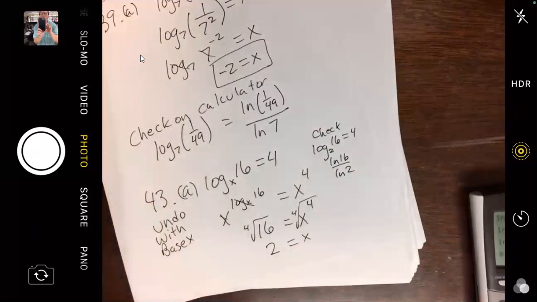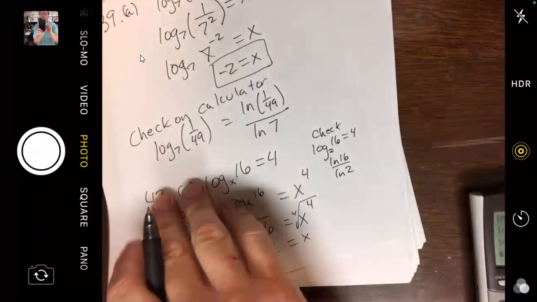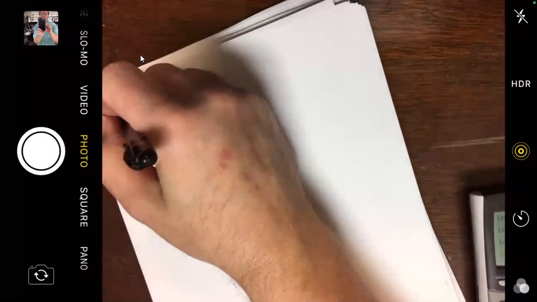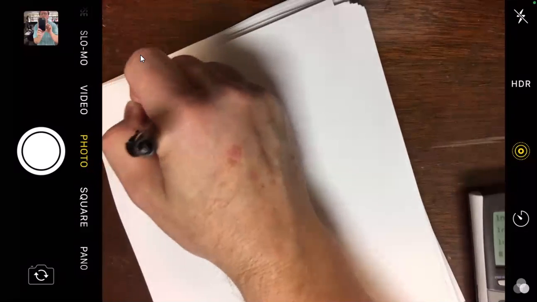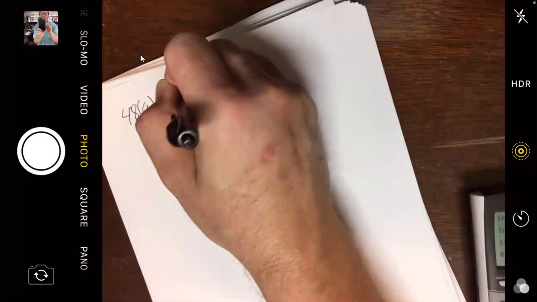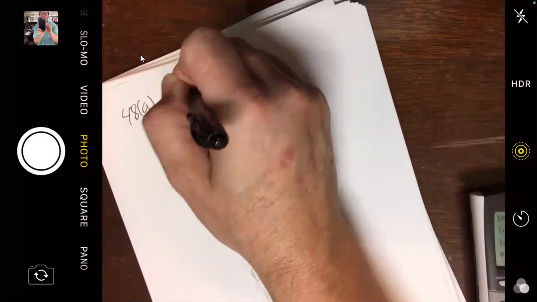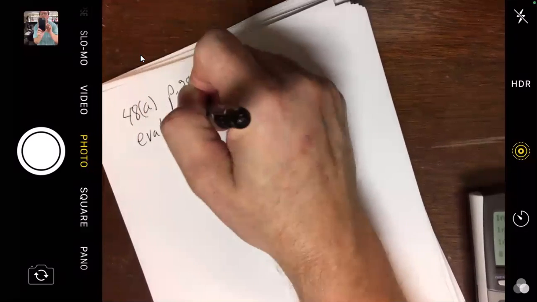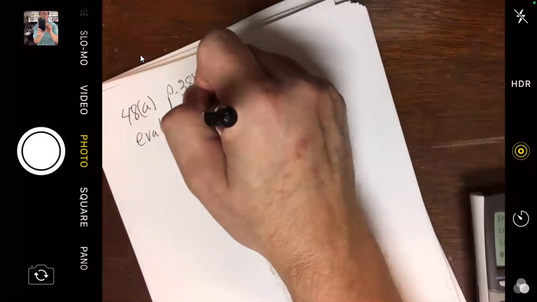45 through 47 should be pretty straightforward. They're giving you straight LOG keys and LN keys. How about 48, part A, page 388. Evaluate ln of 27. Again, you have an ln key.